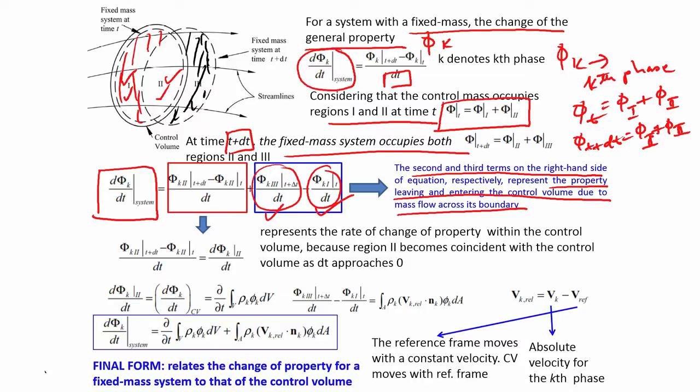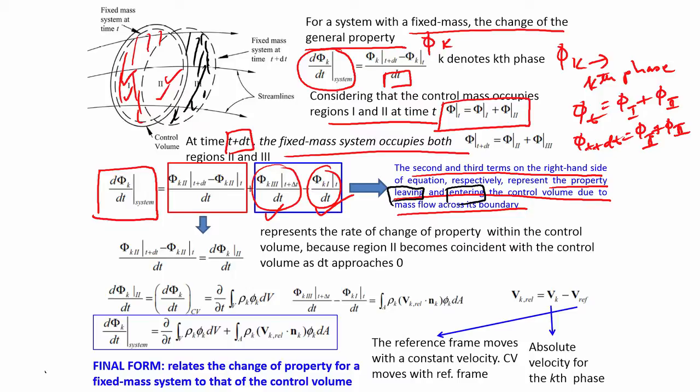So, one represents a mass in, one represents a mass out, when this system has actually moved, right. So, the second and the third term represent respectively the mass leaving the system and the mass that is entering the control volume.